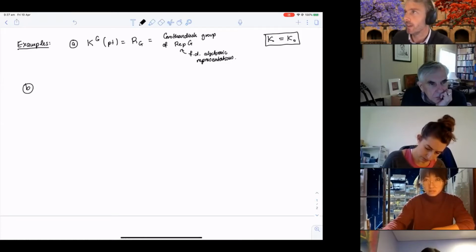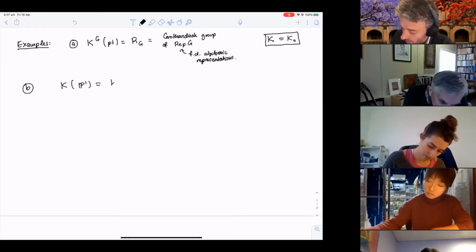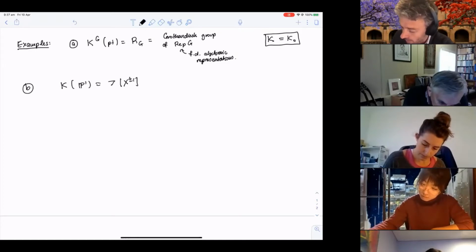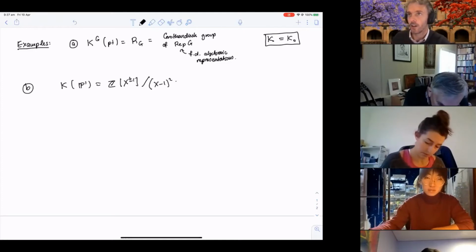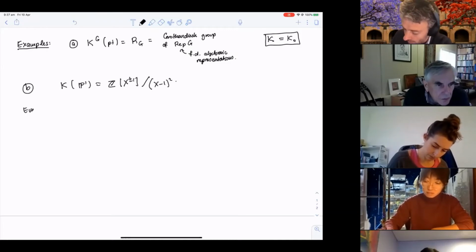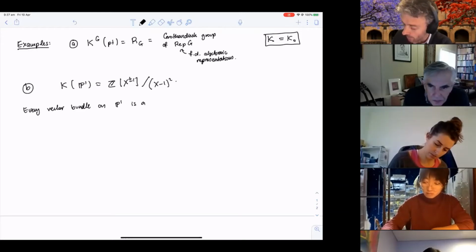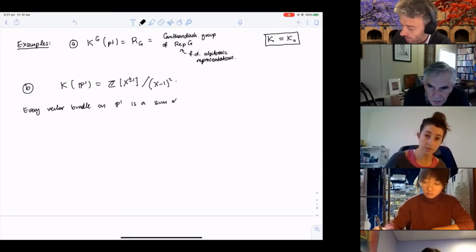So this is the fact that the K theory of P1 is Z[x, x^-1] modulo the relation that (x minus 1) squared is 0. So why is this the case? We know that every vector bundle on P1 is a sum of line bundles, as we've seen in Tom's course.